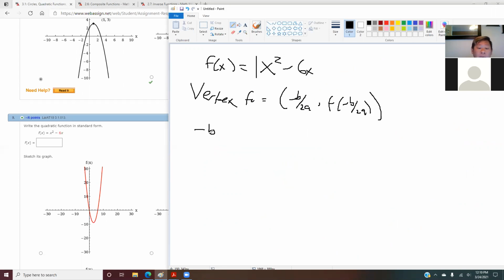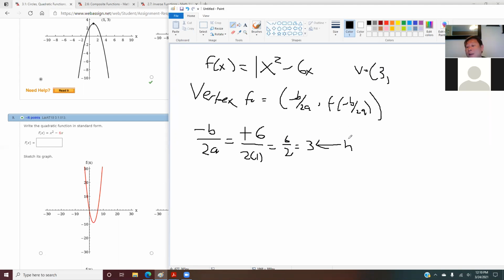So in order for us to find the negative b over 2a, b in this case is -6, so the negative will make it +6. And then 2 times a is 1, so 2 times 1 is 2. So this is actually 6 over 2, which is 3. This 3 is your h. Remember your vertex is 3.